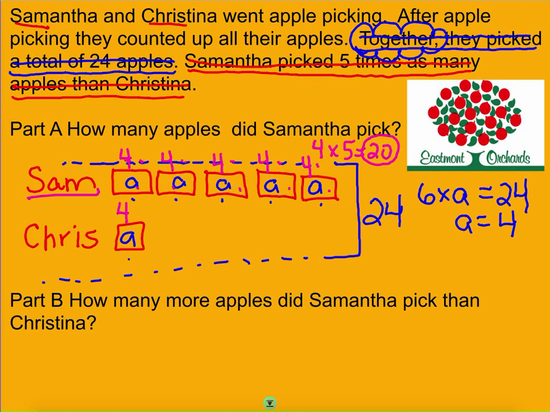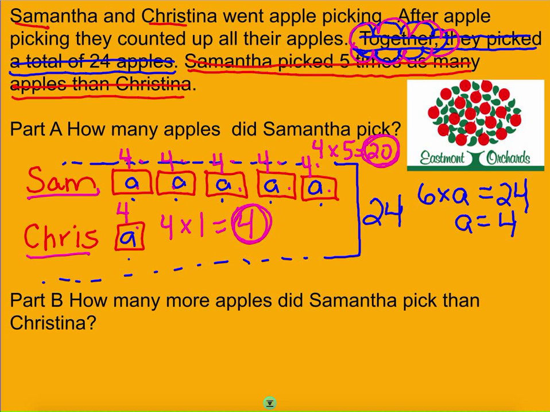And then Christina, when I go next to Christina, I said she did 4 times 1. She only has one box. So 4 times 1 equals 4. And we circle her total. So even though they collected 24 apples together, individually, Samantha did 20 and Christina did 4.